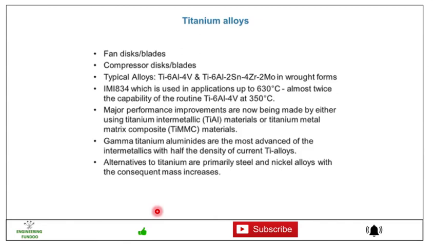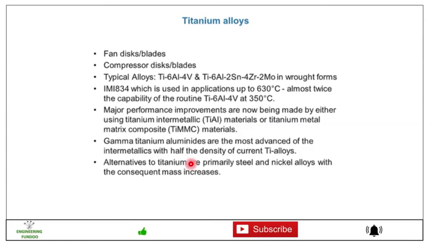Typical alloys might be Ti-6Al-4V, then IMI 834, which is used in applications up to 630 degrees centigrade, almost twice the capability of routine titanium alloy. Then the major performance improvements are now being made by using either titanium intermetallic material or titanium metal matrix composite material.